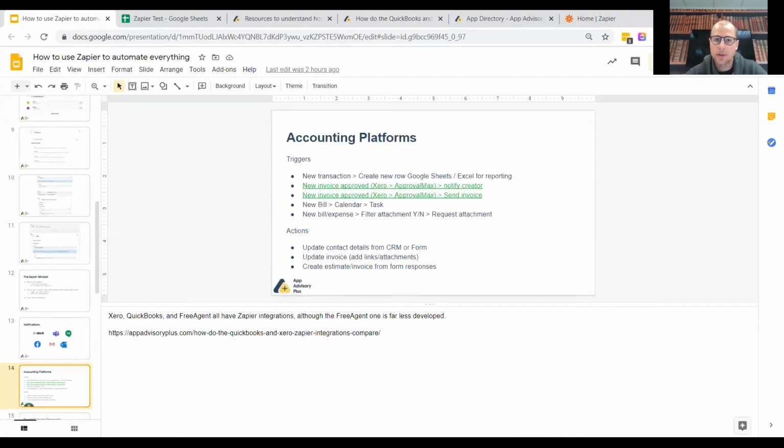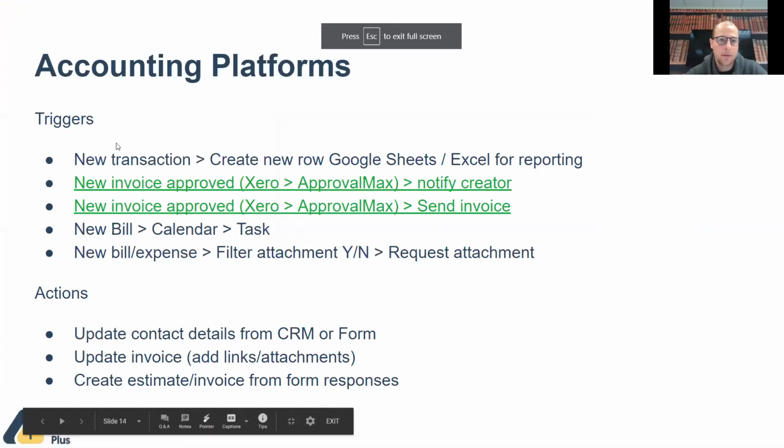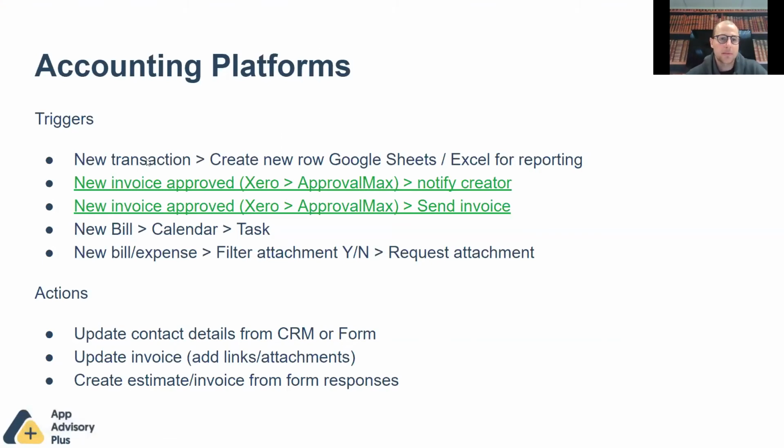I've got some examples here to go through. The first one is a new transaction. This might be an invoice, a sales invoice. We could create a new row in Google Sheets, and then we might use that for reporting. This would be useful if your reporting app didn't do exactly what you want. Excel or Google Sheets might be a bit more flexible, and you could use those.